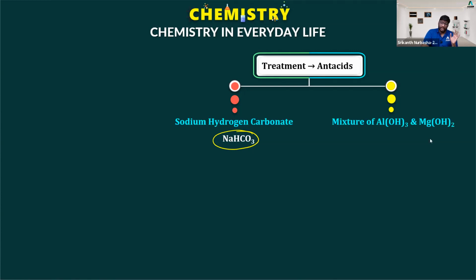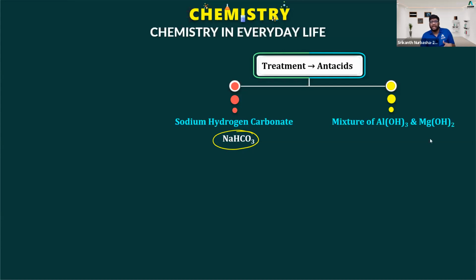But what is the difficulty whenever you take NaHCO3? NaHCO3 is soluble in our stomach. Since it is soluble, what is going to happen? If you have taken more NaHCO3, whatever acid is present in the stomach may react with it.